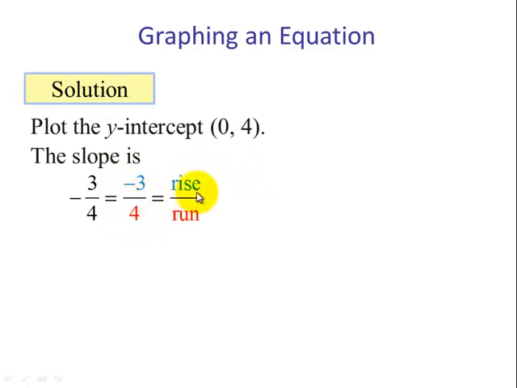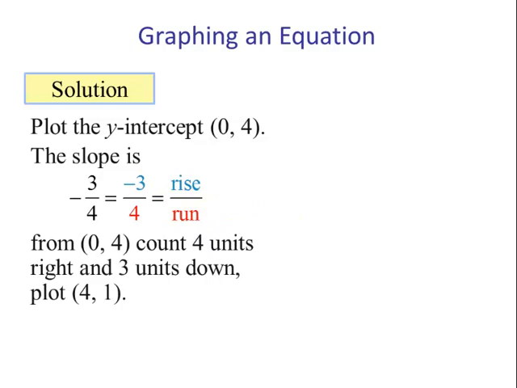If we do it that way, our rise is -3, the run is a +4. So from 0, 4, we count 4 units to the right because our run is positive, and then we count down 3 units to plot 4, 1.